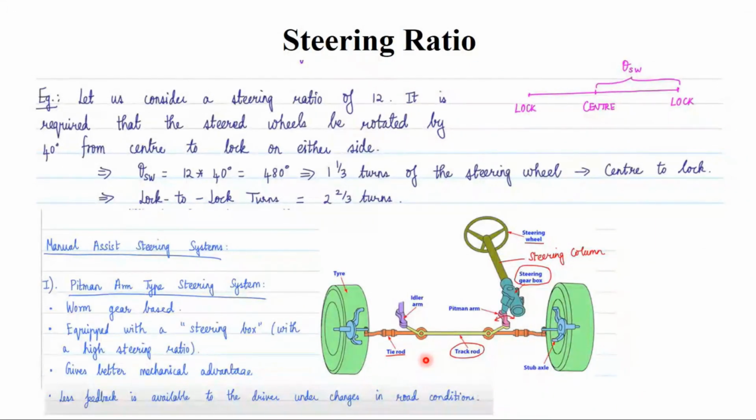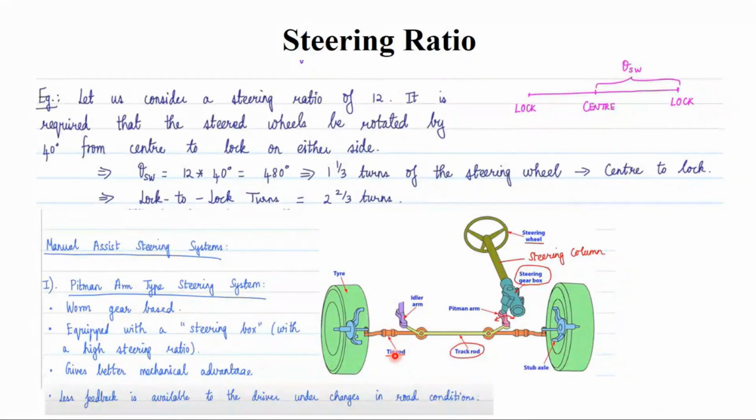Here the right idler arm acts as the Pitman arm, and the other one is idle, because steering happens through only one steering wheel.